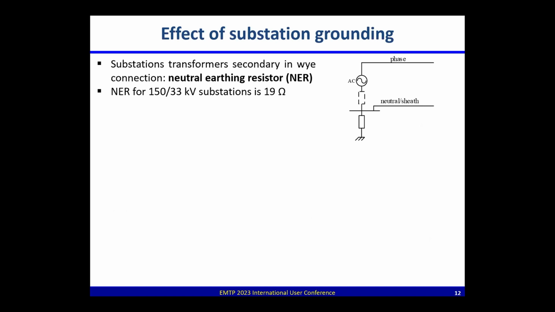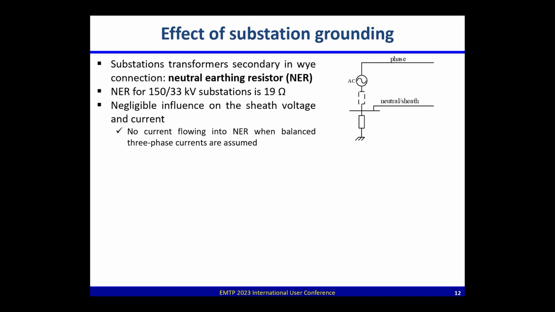For the 33 kilovolts and for the Greek system, its value is 19 ohm, in order to reduce the single pole to ground short circuit to 1 kiloampere. This is practice that our operators follow, and this is the resistance of the substation.